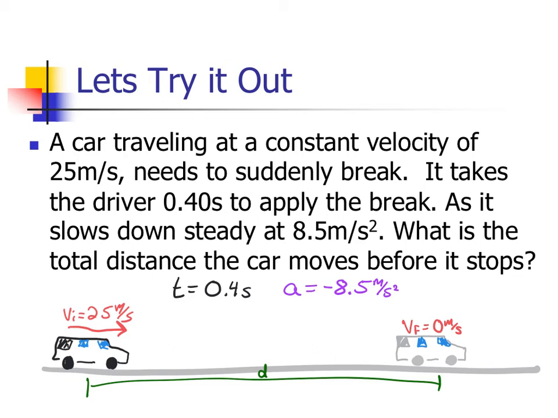Now this is again where we have more than one equation that technically could be used to solve. However, we have to make sure we're using the right one based on the science that we're looking at.